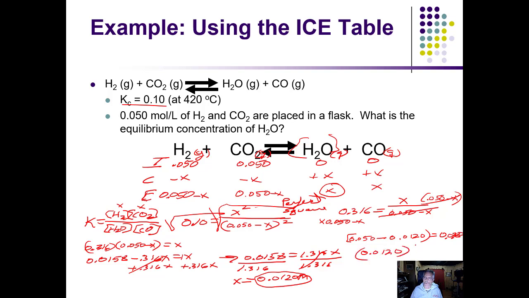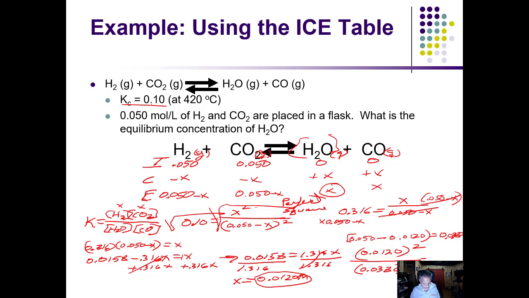I could go ahead and check this by taking my x value, which is 0.0120, square that, because if you remember, that's x squared. That's what's in the numerator of my equilibrium constant expression, and I can divide it by the concentration at equilibrium for H2 and CO2, which is 0.0380, which I also have to square. If I come up with something that's very, very close to 0.1, I'll know that I've got the right answer.